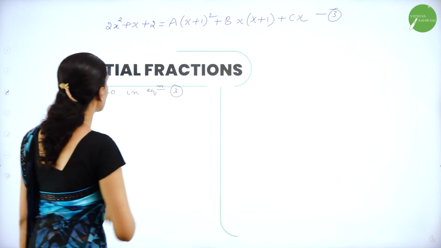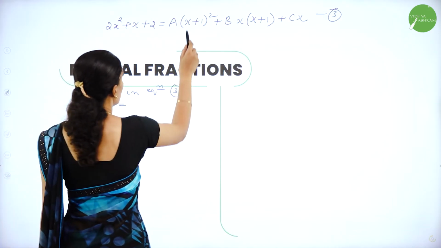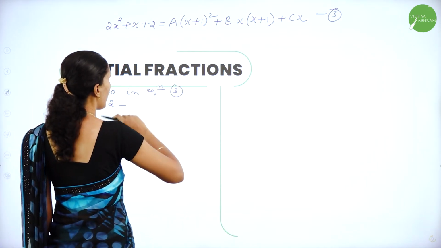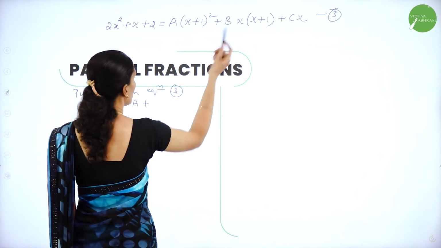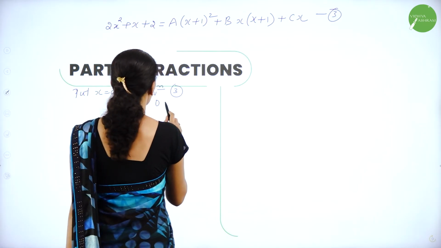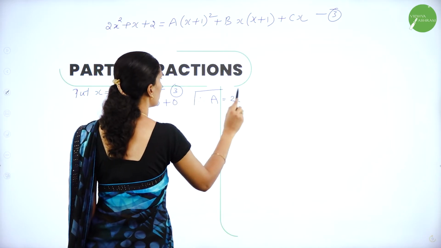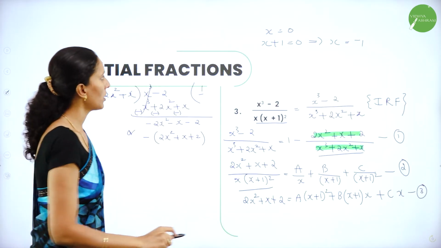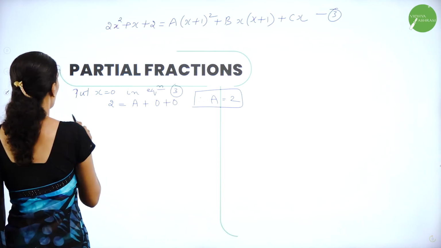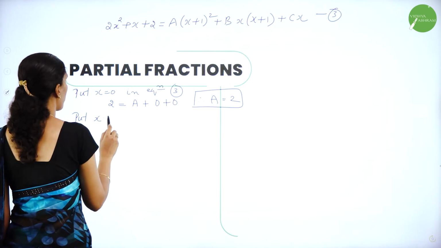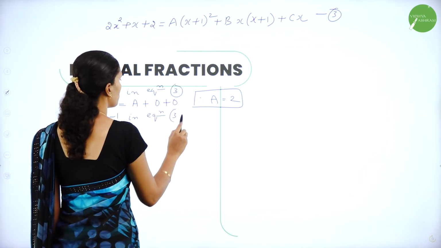So substituting x is equal to 0, you will get 2 is equal to 0 plus 1, 1 square is a, so you will get a, plus b into 0 is 0, c into 0 is 0. So therefore, you got a is equal to 2. Next, you can substitute x is equal to minus 1 in equation 3.